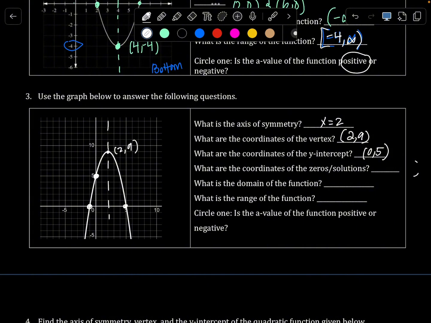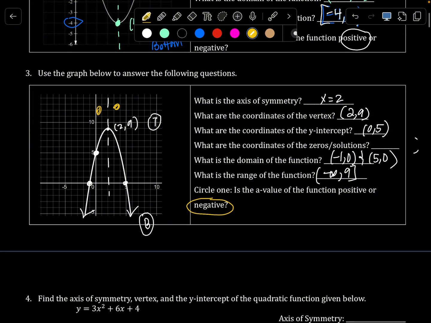It's at -1, 0 and 5, 0. What's the range? Read it from bottom to top. Its arrows are pointing down forever, all the way up to the highest y value. Is the A value of the function positive or negative? It is a frowny face, so it is negative. Turn the page when you're ready.